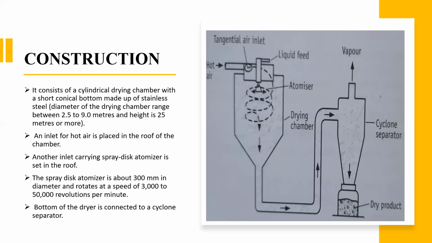So the second stage is drying of these liquid droplets. These fine droplets are dried in the drying chamber by supplying hot air. This hot air is provided from this air inlet through this chamber to these fine droplets.